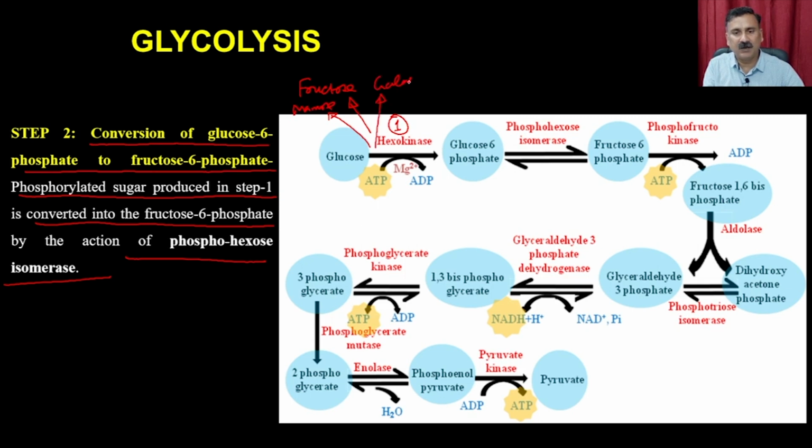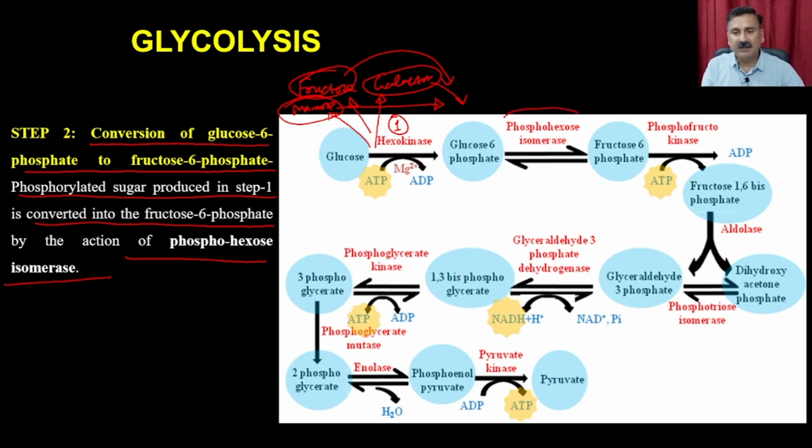Any of these sugars can be a starting material for glycolysis, and correspondingly it is going to form the 6-phosphate derivative. For example, in the case of fructose, it is going to form fructose 6-phosphate. In the case of mannose, it is going to form mannose 6-phosphate, and in the case of galactose, it is going to form galactose 6-phosphate.